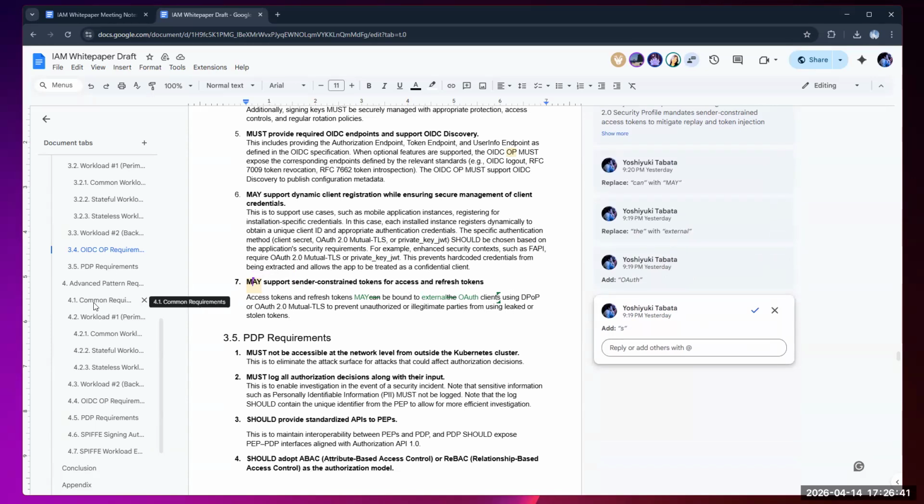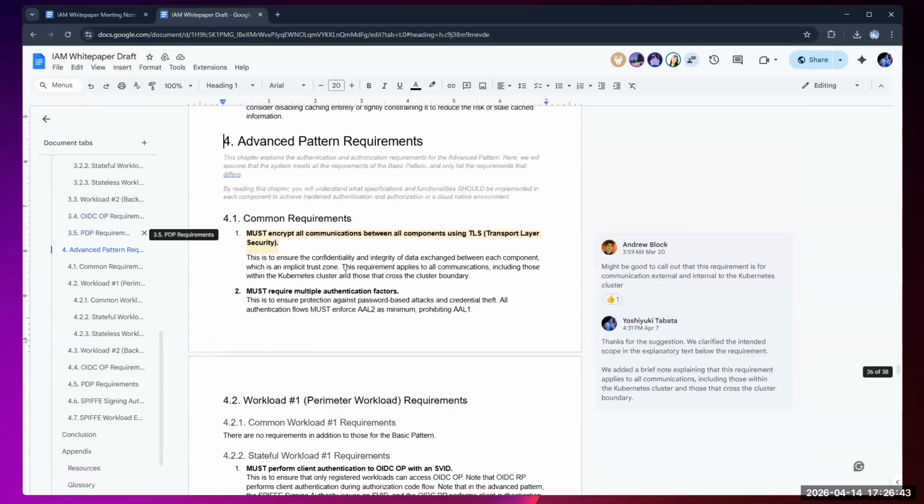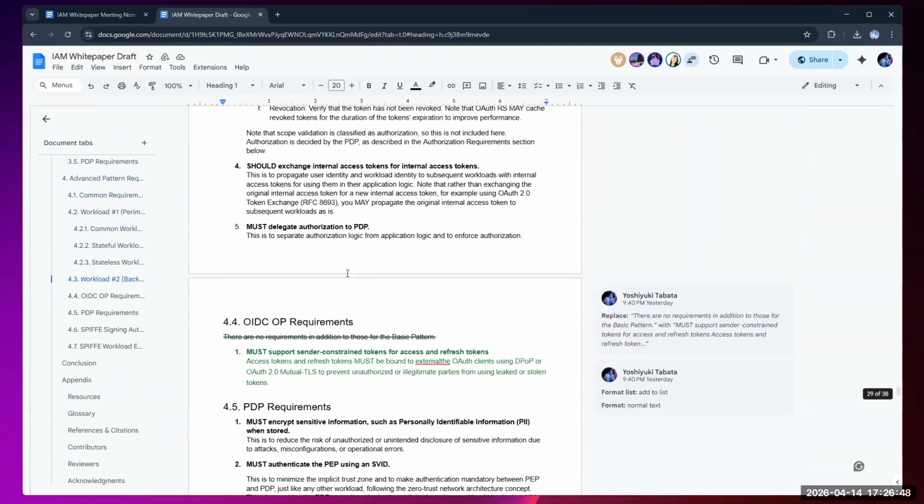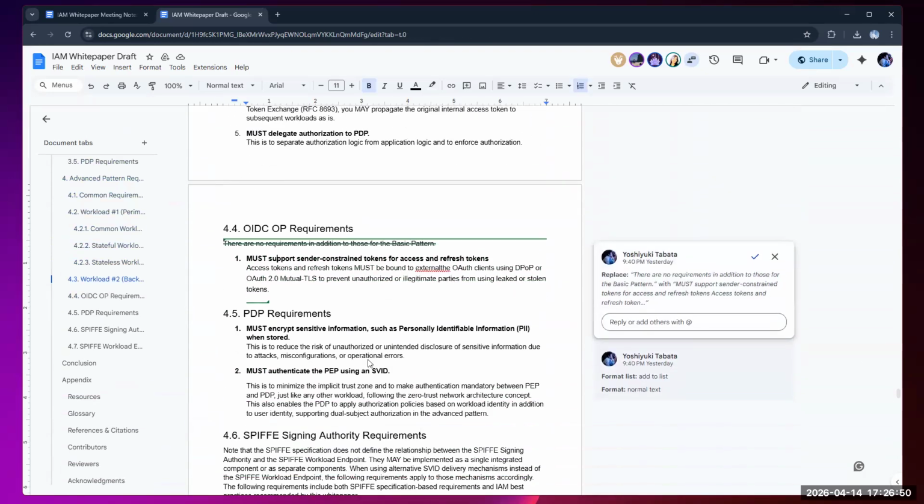And also I added to the advanced pattern here, to change may to must.